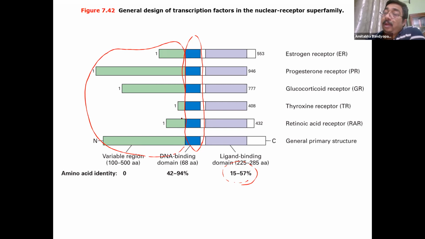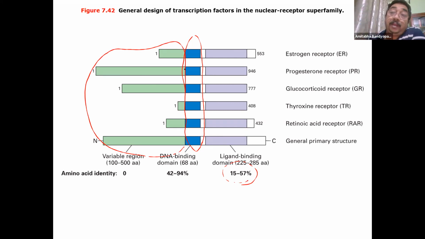So you can understand that what might have happened is that there was an original, founder nuclear hormone receptor, and that molecule somehow got duplicated, and therefore the DNA binding domain remained the same, but with time it acquired specialized properties for binding different kinds of nuclear hormones.